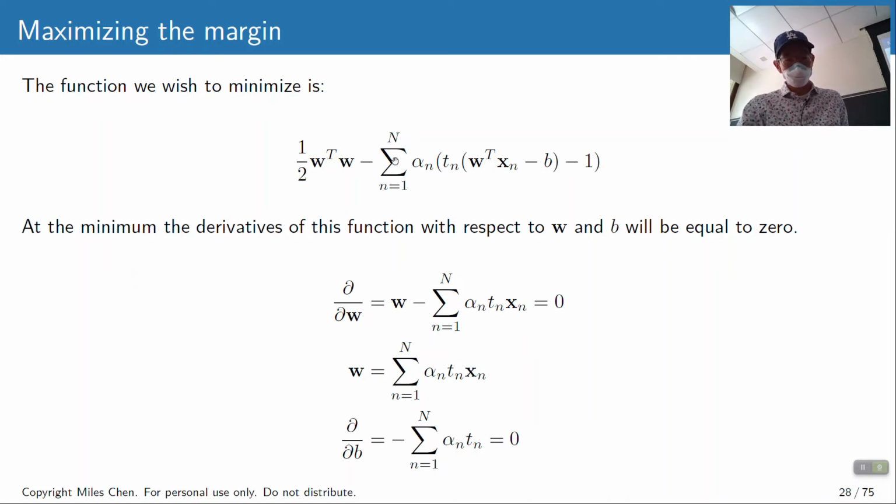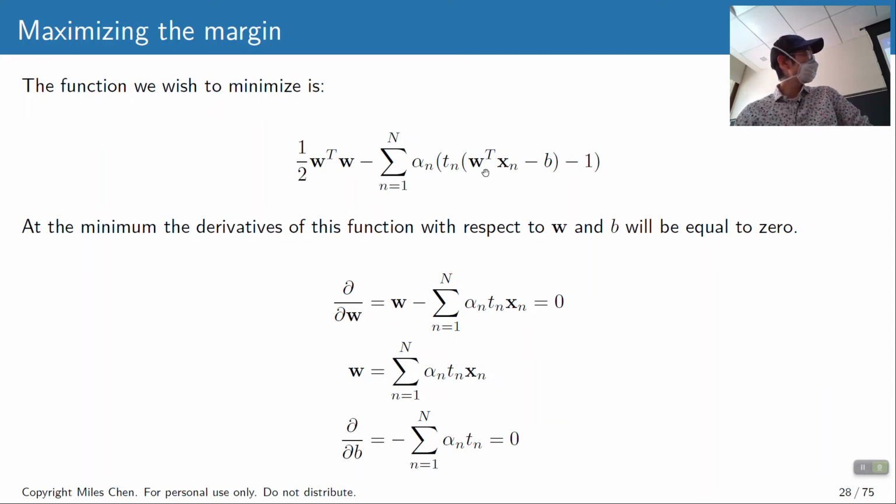All right, so if we want to minimize this, we're going to take the derivative of this with respect to w, and we set this thing equal to 0. Okay, at the minimum, the derivatives of this function with respect to w and b will be equal to 0. So when we take the derivative of this, w transpose w, 1/2 of that will become w.